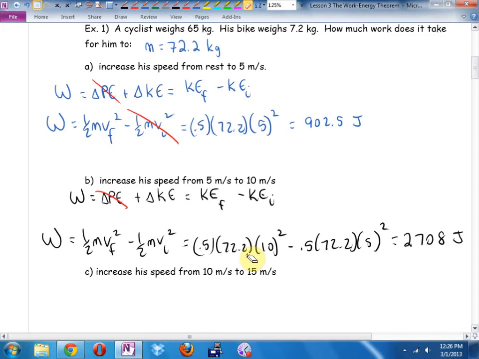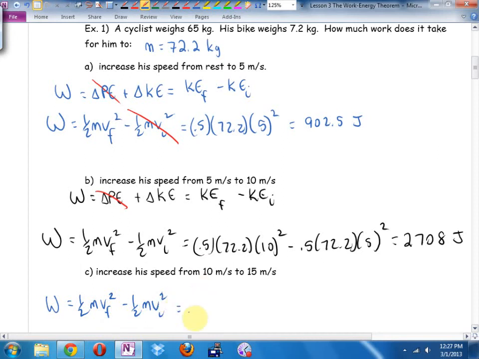Let's try C. A gain of 5 meters per second increase. How much energy to go from 10 to 15, I wonder? You know what? Let's jump straight to the equation. We know it's going to be a half m v final squared minus a half m v initial squared.